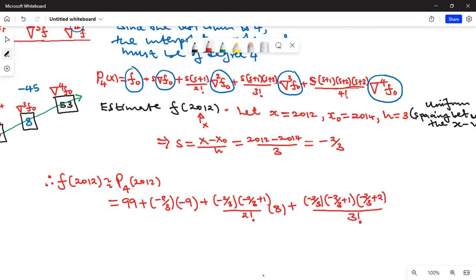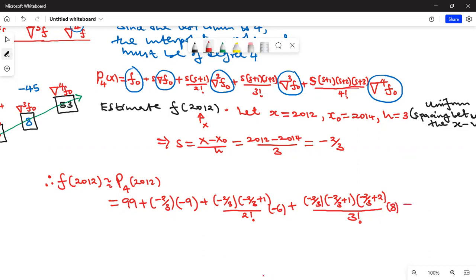Let's see, delta squared was 6, so let me change this, it should be 6, not 8. Delta squared was 6, just a correction. This is negative 6. And this other one is 8, delta cubed, operating on F naught.